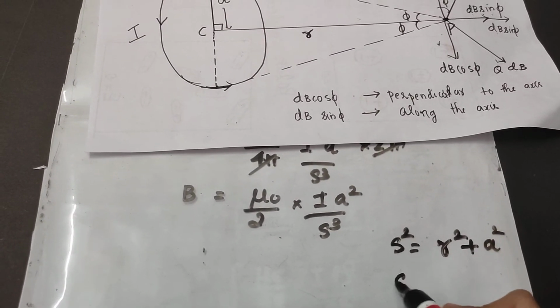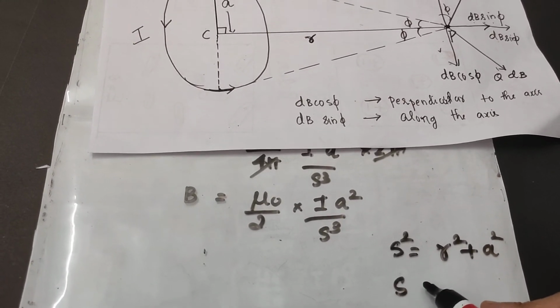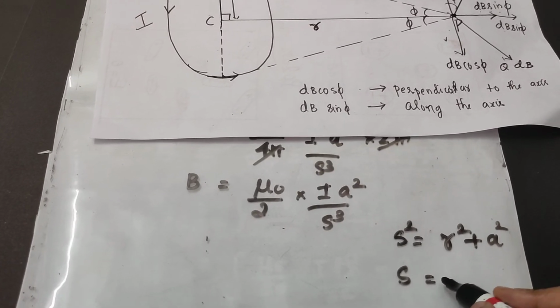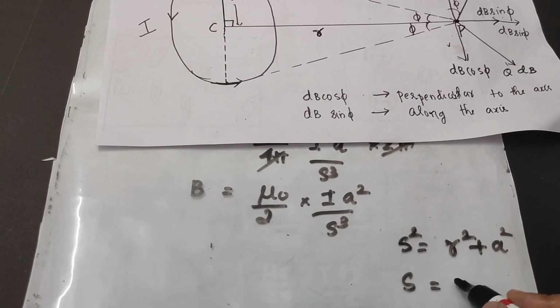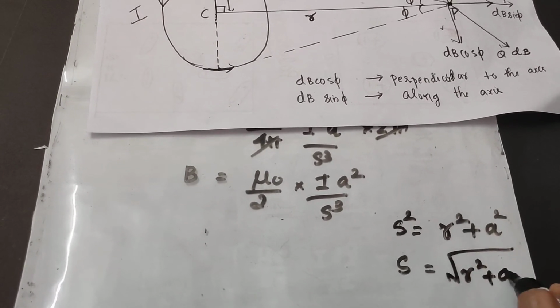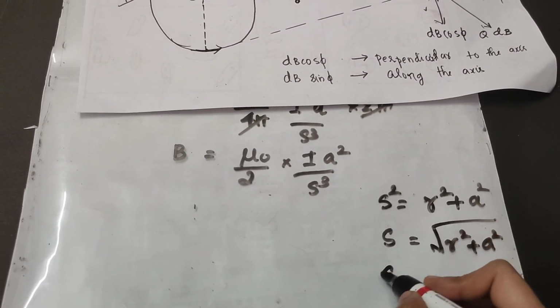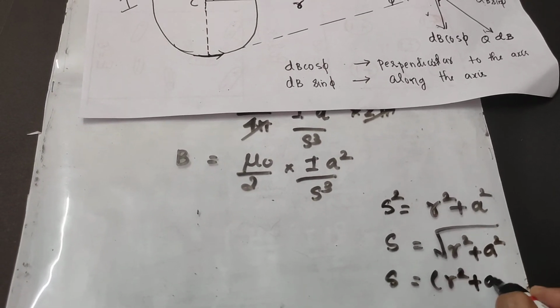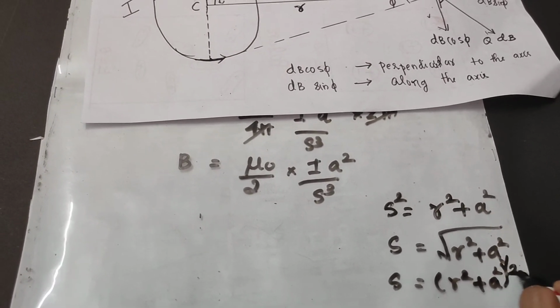So what is s from this equation? s is equal to the square root of R² + a², which can be written as (R² + a²)^(1/2).